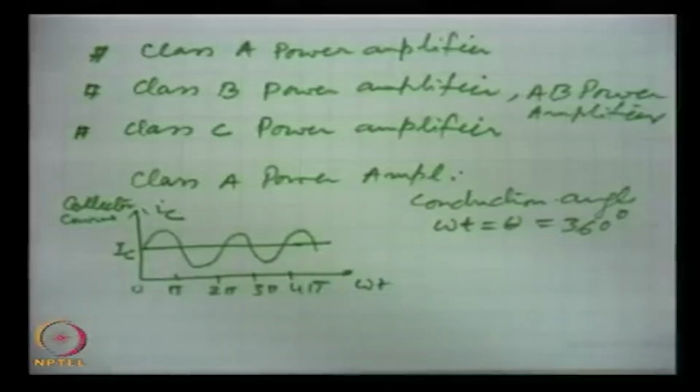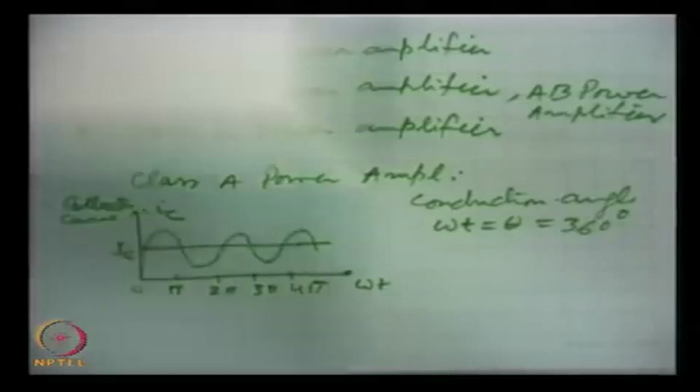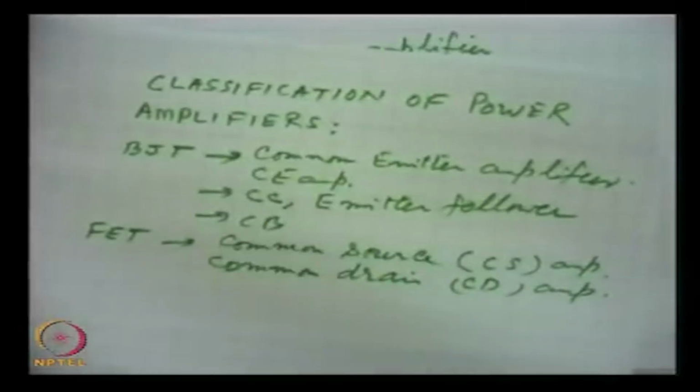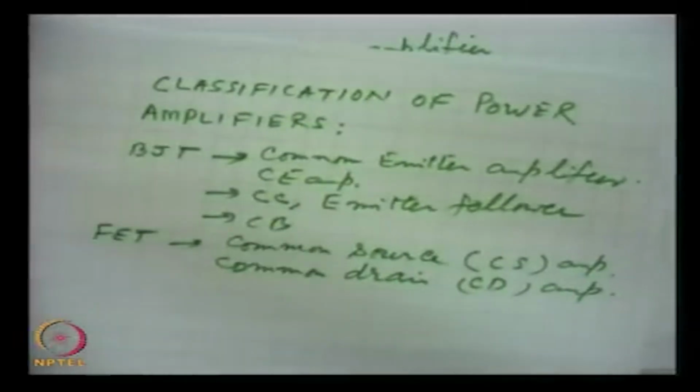This is class A operation or class A power amplifier. Here conduction occurs even for all these transistors also. So, in fact, these small signal amplifiers invariably operate in class A from this angle, but as I said, considerations will be entirely different.